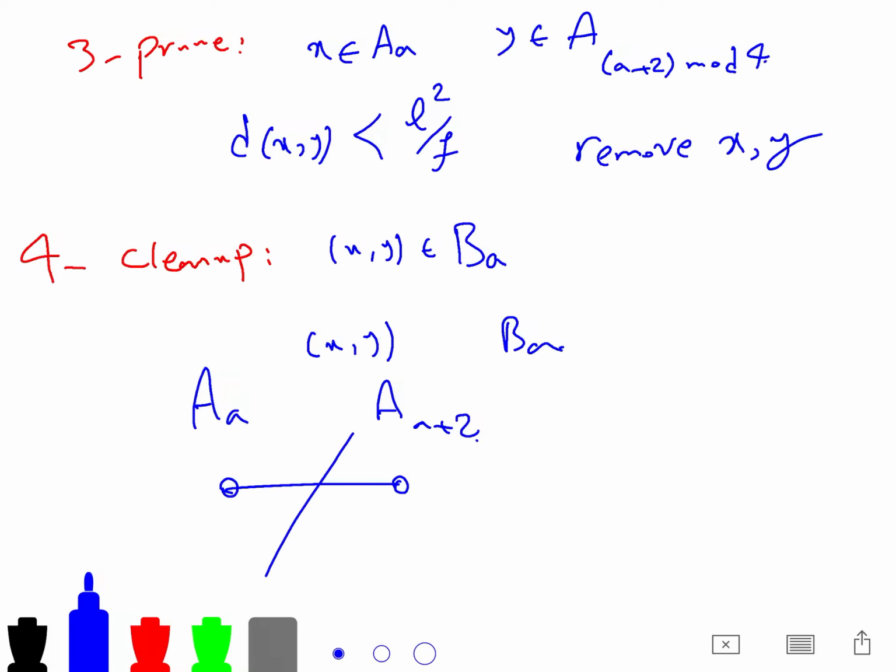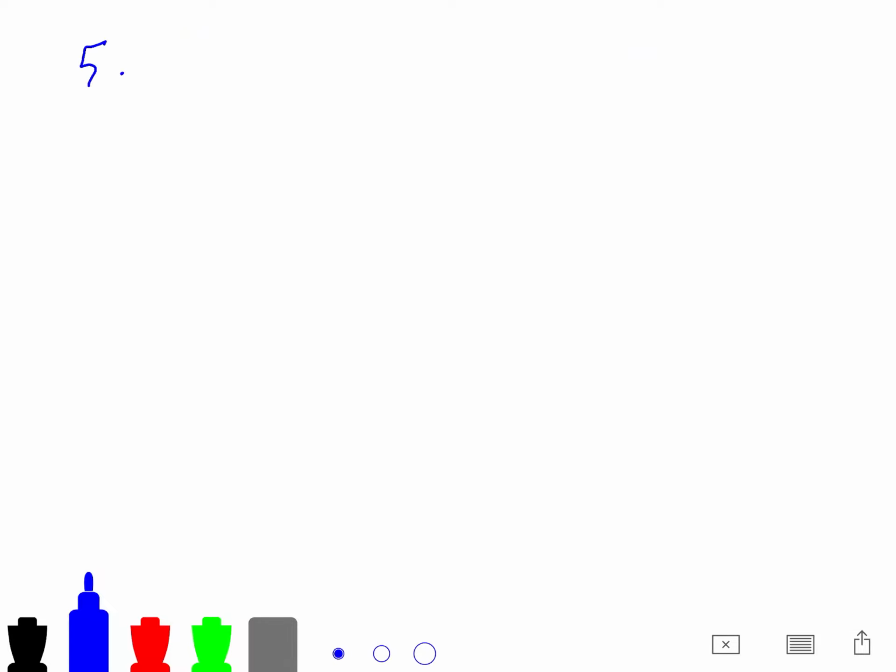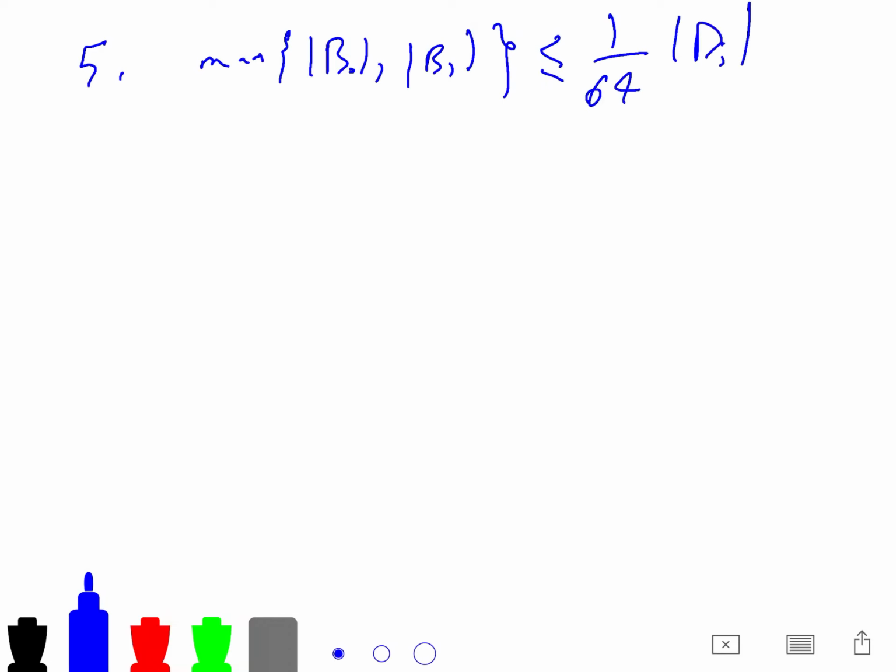What is interesting is that the almost last steps are 5 and 6. For example, in the fifth step, we say that if the maximum between B0 and B1 is less than 1/64th of di, go back to step 1.